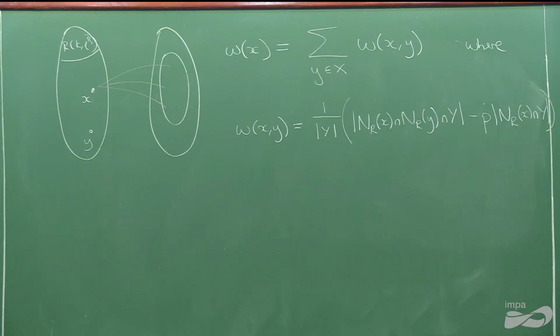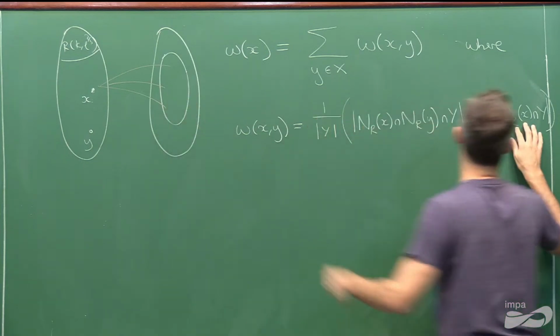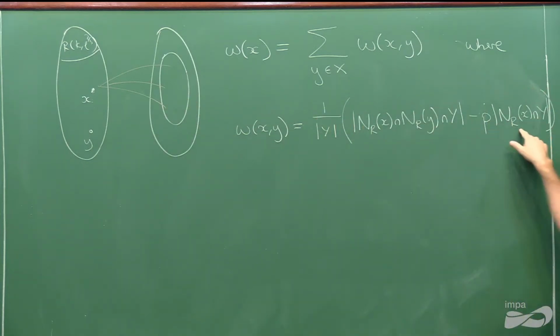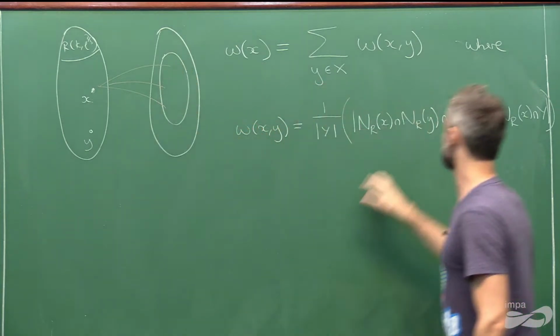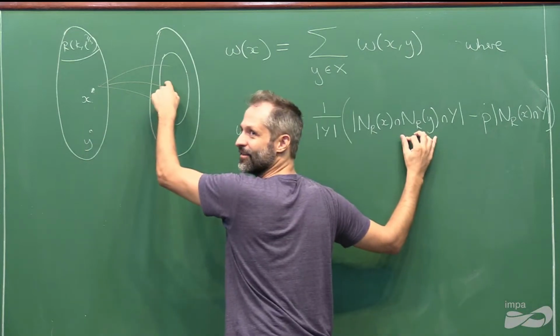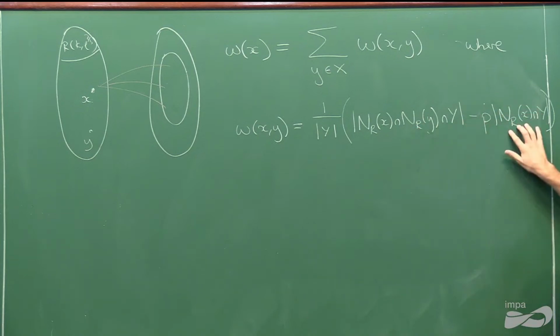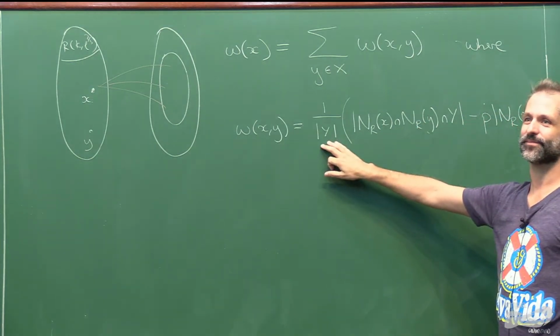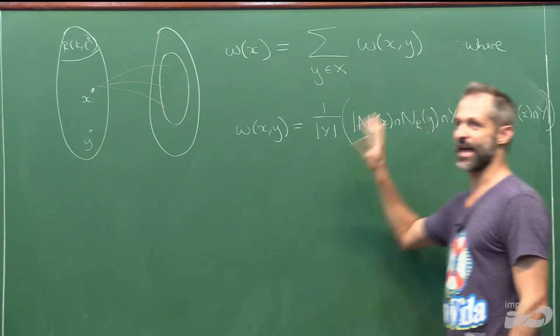So let's unpack this. This guy is this one. P times this guy is how many red neighbors you expect to have in here. This is how many neighbors this guy actually has in here. Right? So it's the red neighborhood in there minus what you expect, and then normalized by Y. Notice this is not symmetric. This is an asymmetric definition.